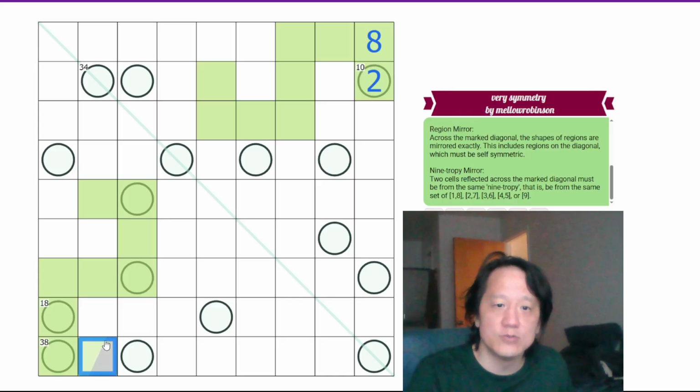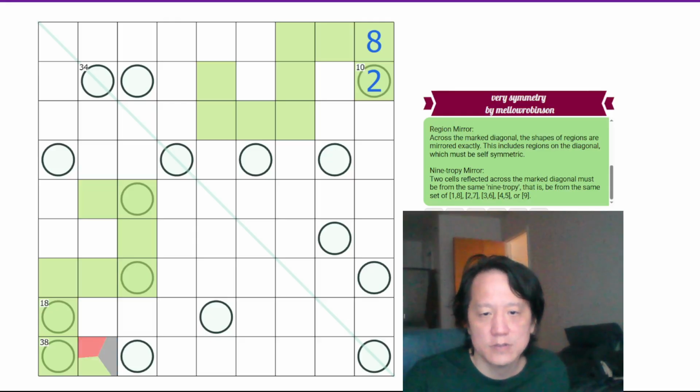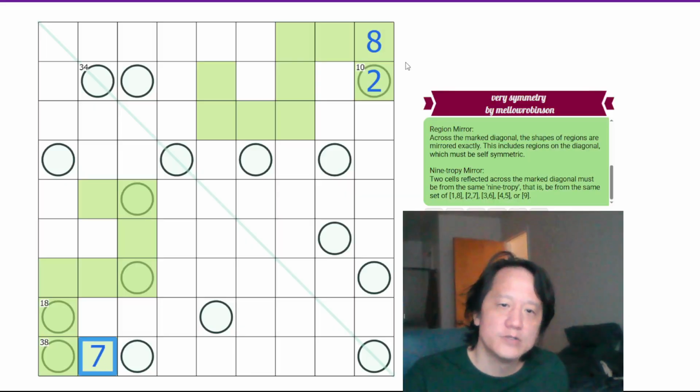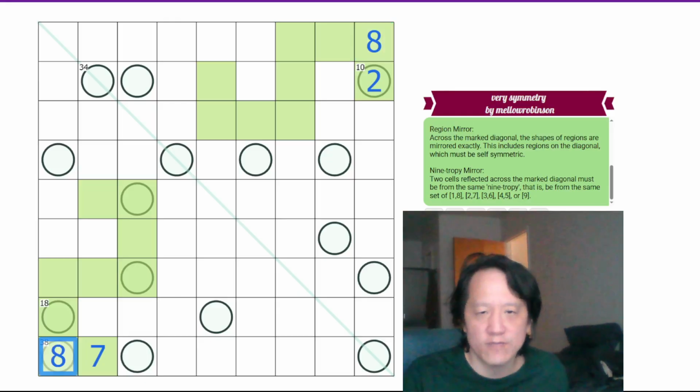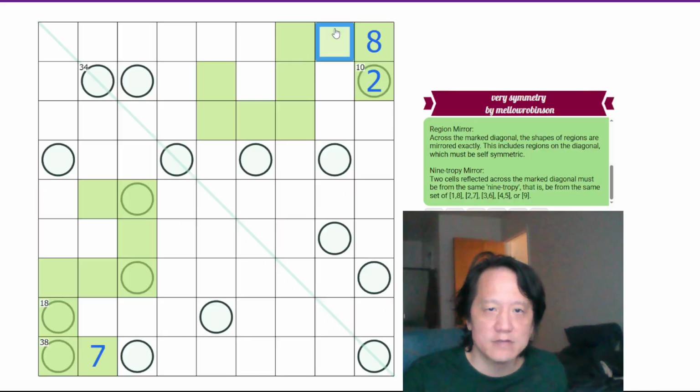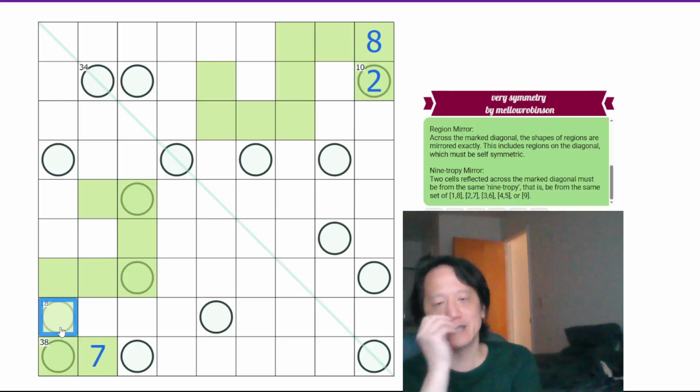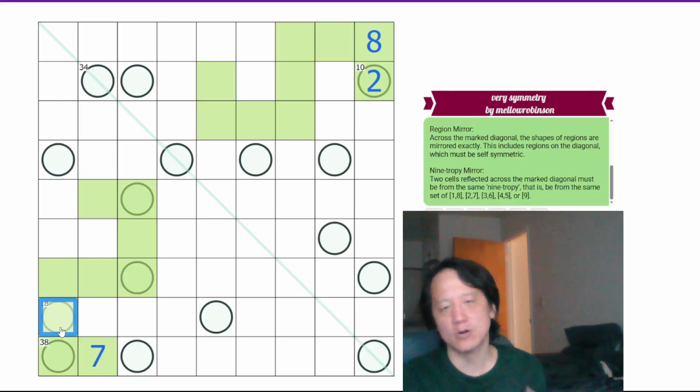So this could be 2 or 7 here, because of the nintropy mirror. This would have to be from 1 or 8 to match this cell here. Or sorry, this cell would have to match that cell for the nintropy, right? So that's how nintropy mirror works.